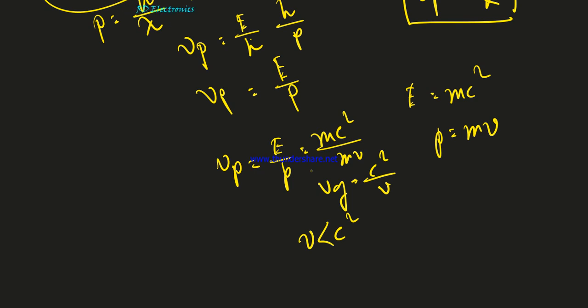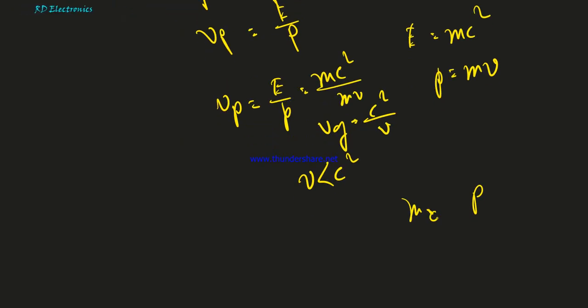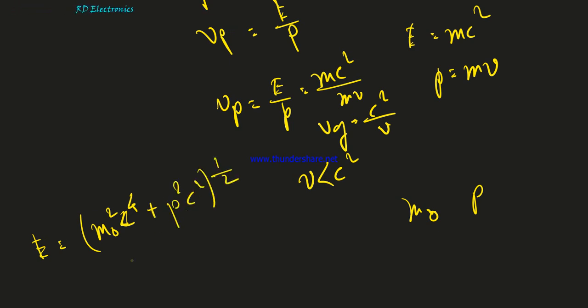Now in a relativistic case, for a de-Broglie wave associated with a moving particle of rest mass m0 and momentum p, the total energy E equals (m0² c⁴ + p² c²) to the power half. Therefore Vp equals E by p.